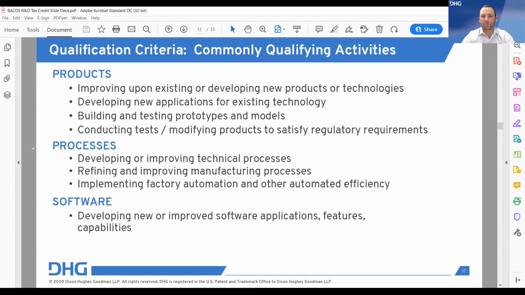So now we've gone through the 4-part test, I want to walk through a few commonly qualifying activities that we see. And we do have some more slides following this that are specific to certain types of industries.